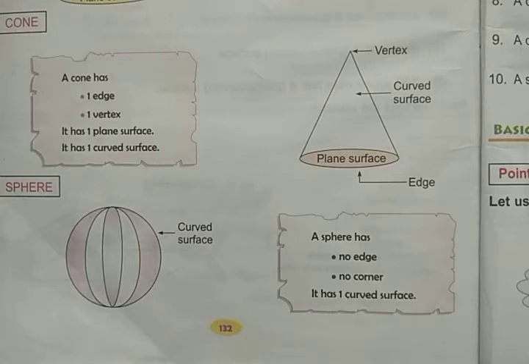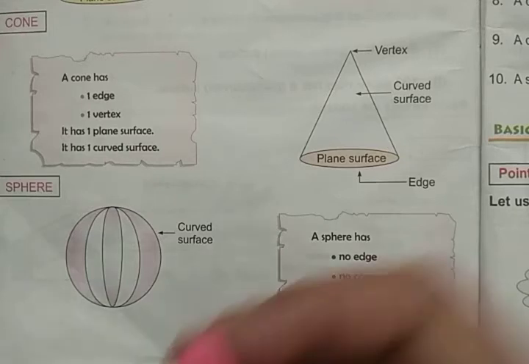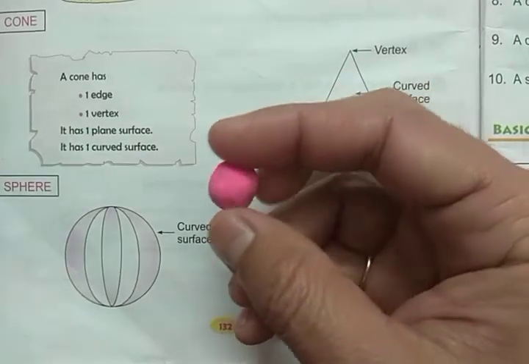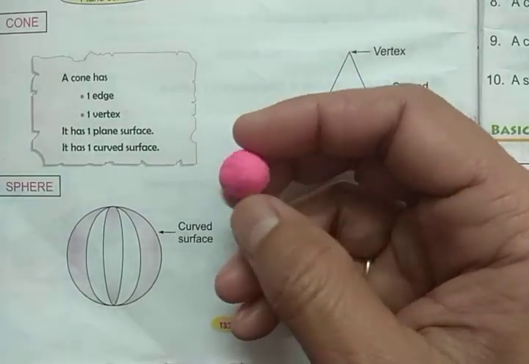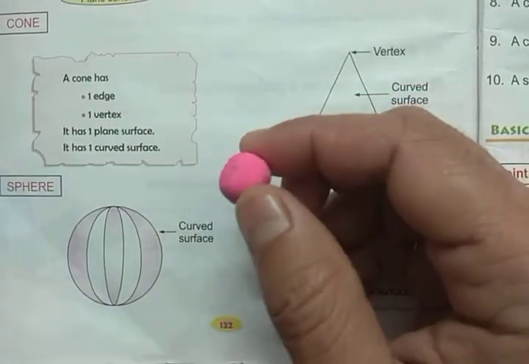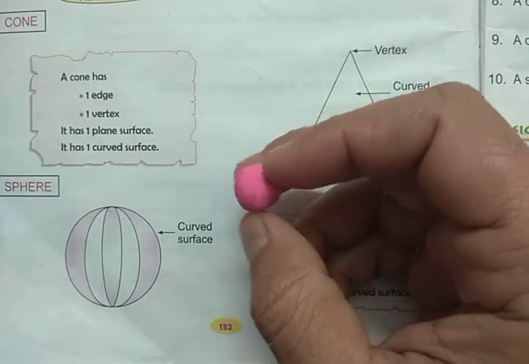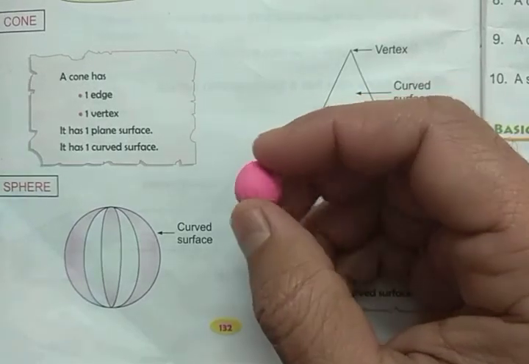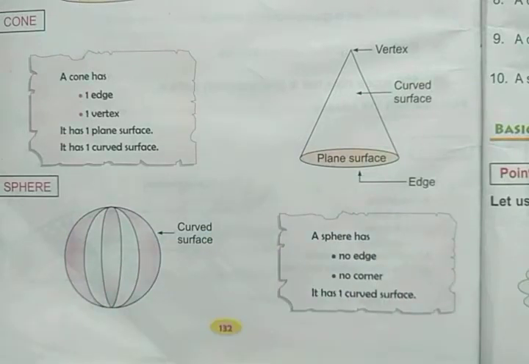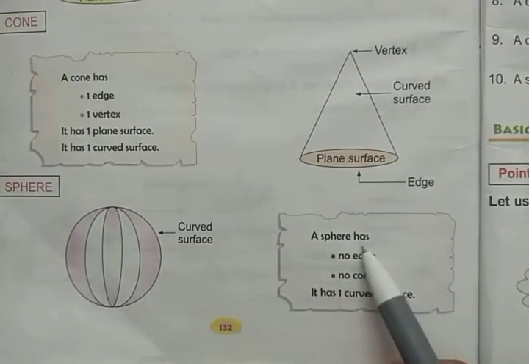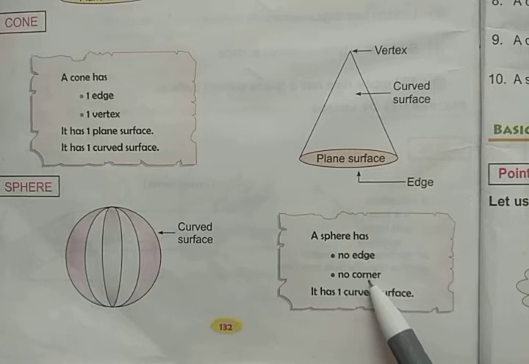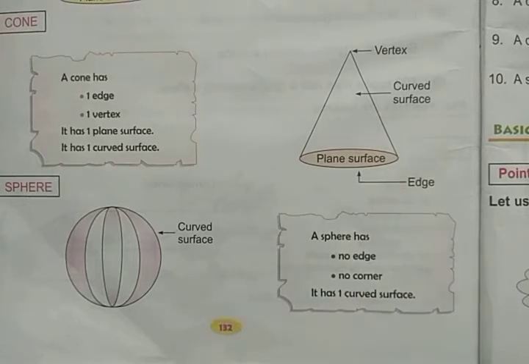Only one surface and there is no corner. You can see here this is a sphere. So there is no vertex, no edge, only one surface, that is a curved surface, right? So a sphere has no edge, no corner, it has one curved surface.